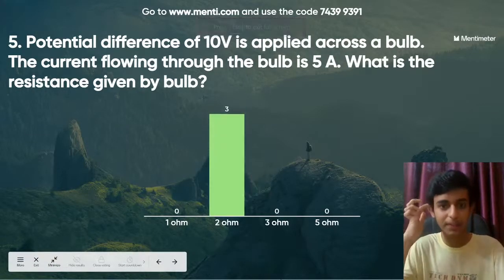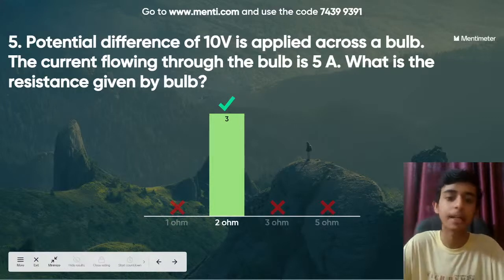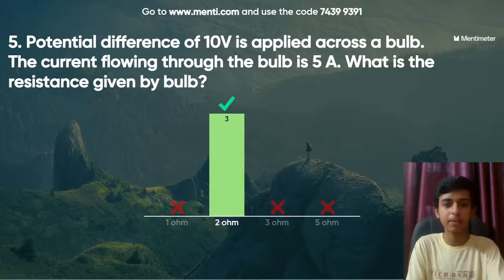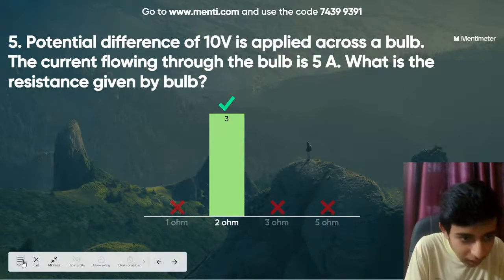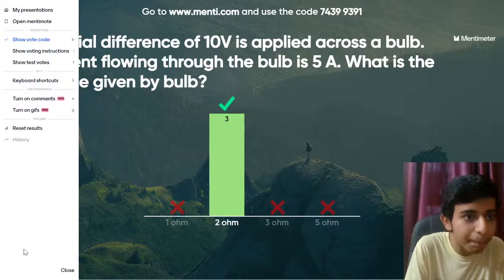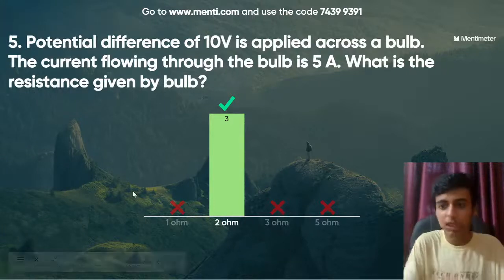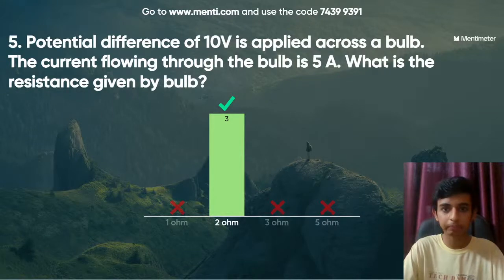Everyone has already voted. Perfect. The answer is 2 ohm. Correct. Let me solve it. I don't have the pen right now, so I'll just tell you that the potential difference is 10 volt and the current is 5 amperes.